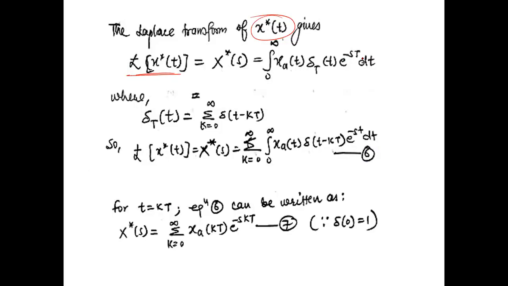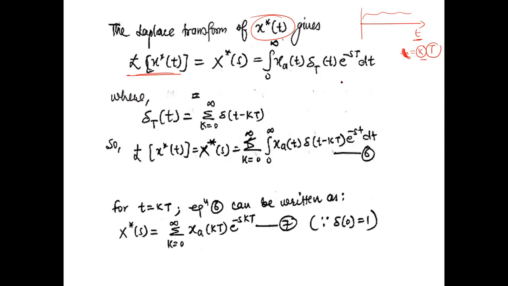we have sampled the total time t available for the signal, and we have divided this t into some k samples, each of which is equal to t duration, right? We have the total duration is t, and this t is divided into k samples, and the time period of each sample, or time period between the two successive samples, is capital T, which is fixed.